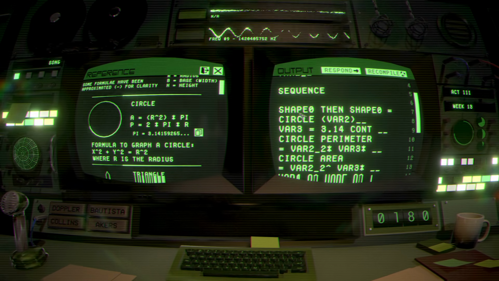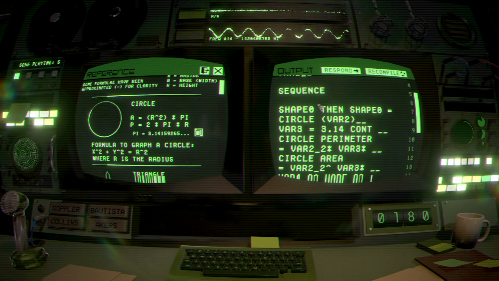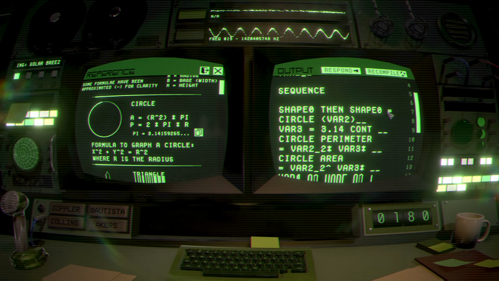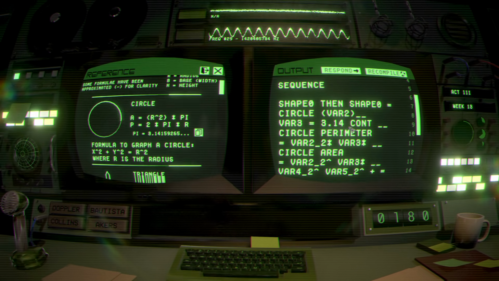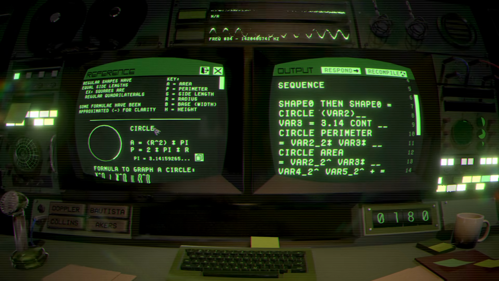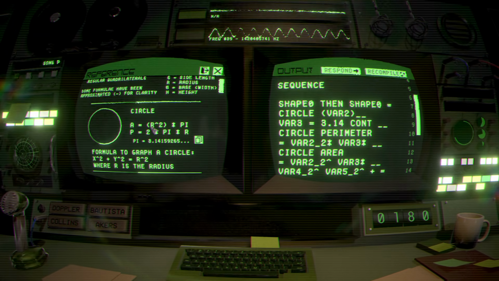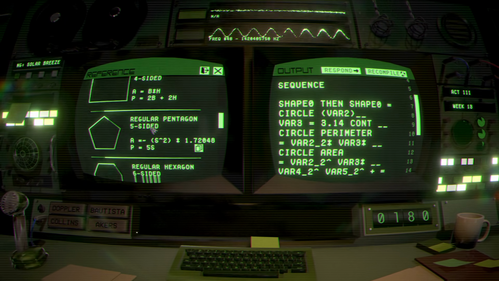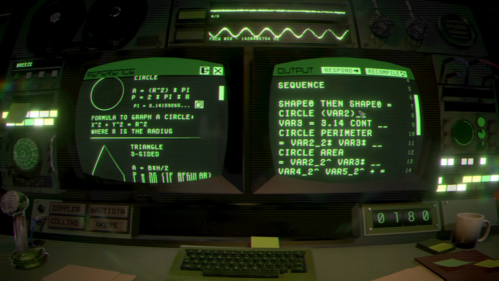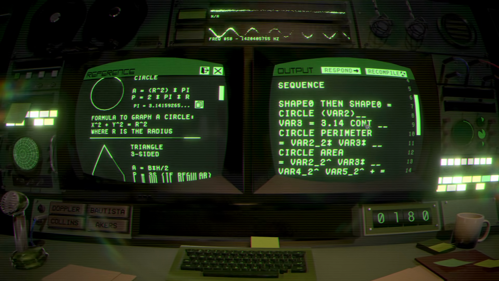Let's try and parse this out. Shape 0. So a circle and a circle equals a circle squared? Not quite sure what that's trying to say. We're graphing a circle. That part confused me a little bit. This is clearly pi.